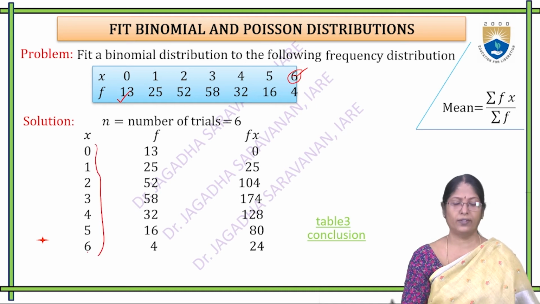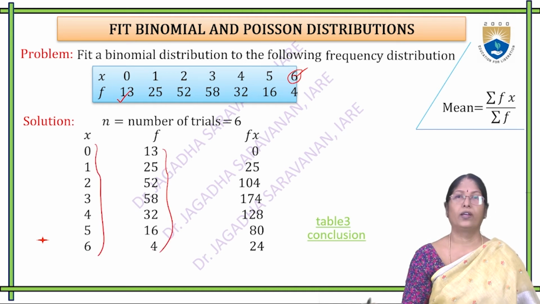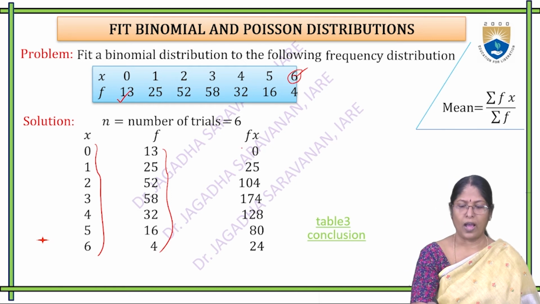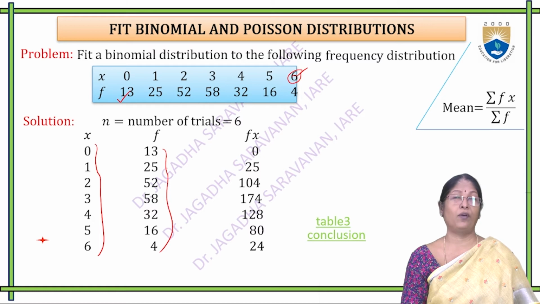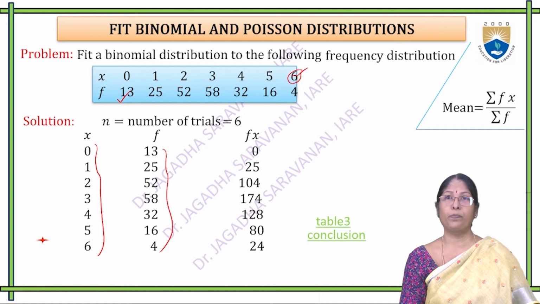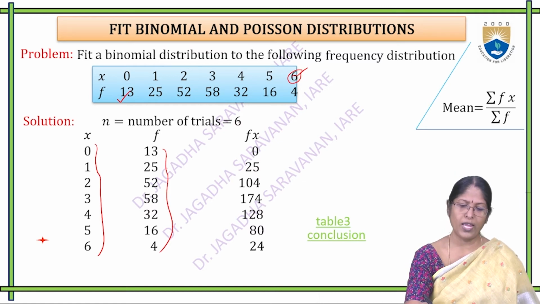X from 0 to 6 and f, the data are listed, and we did the multiplication fx. Why do we have to do it? Because we don't know what P is. If we know P, the probability of success, then in the formula nCx P power x Q power n minus x, we know only n.